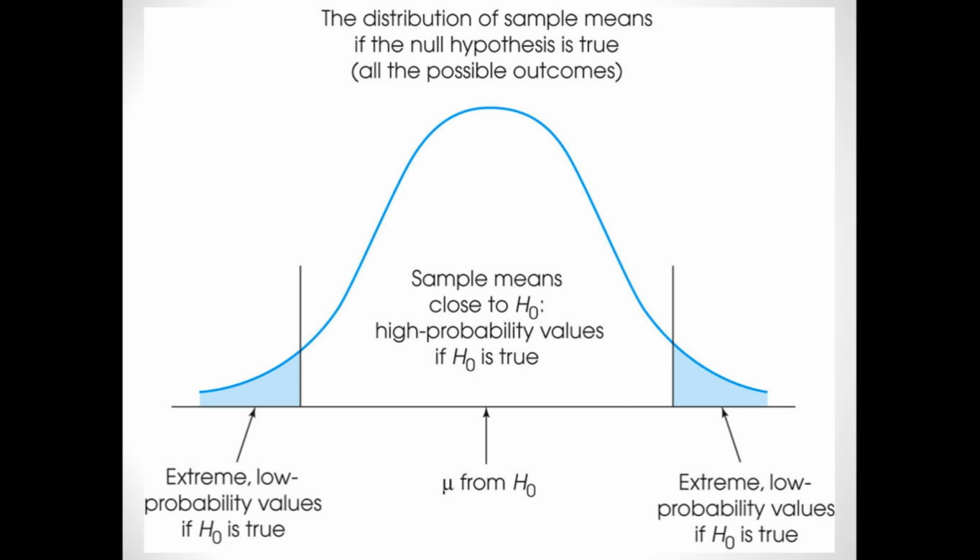After computing the extremely low probability values, which we call in hypothesis testing a threshold, we will make the decision using the critical region, which we will explain a little bit later in this tutorial.